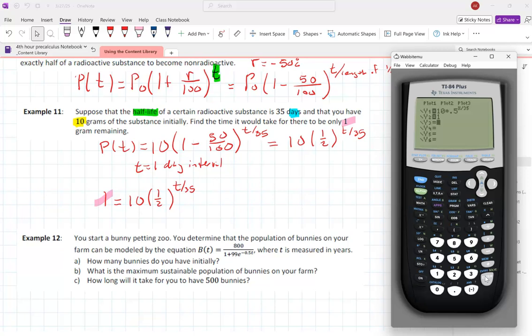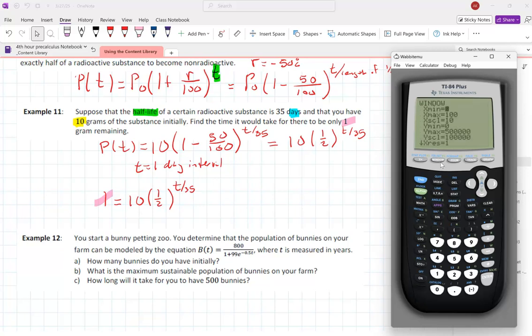Notice I did 0.5 instead of 1/2 just because I don't have to muck around with a bunch of parentheses in my calculator. Just reduces the amount of buttons I have to press. If you did use the fractional, you'd have to make sure you put a parenthesis around the whole fraction before you do the exponent. Okay. Everybody good?